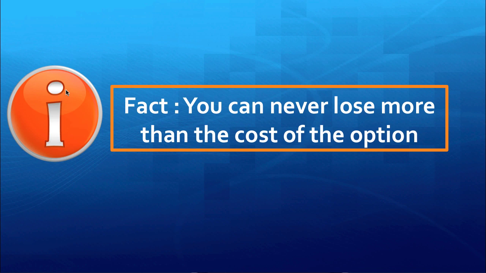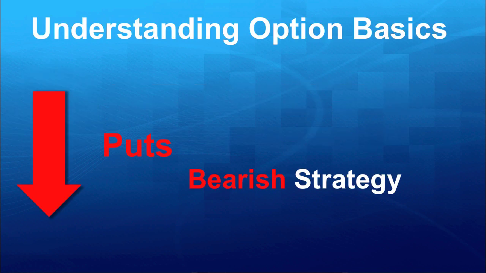So here's a fact: you can never lose more money than the cost of the actual option. You will never lose more than what you paid for the option. And depending on how much you have in your investment account, that could be a big difference, right? From the same $100 swing, on the left side we lost $10,000. On the right side, we lost about $5,000. That's a big difference.